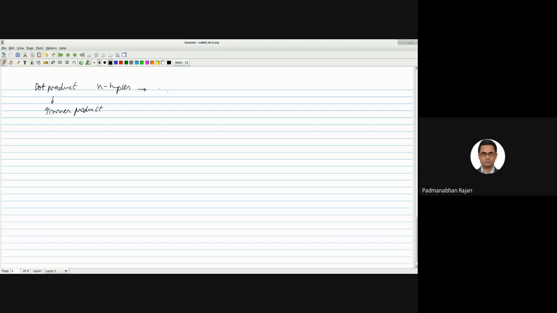So if you have two vectors v1 and v2, and these are n-tuples x1, x2, up to xn, and let's say y1, y2, up to yn, the dot product v1 dot v2 is equal to x1 y1 plus x2 y2 plus so on, up to xn yn.